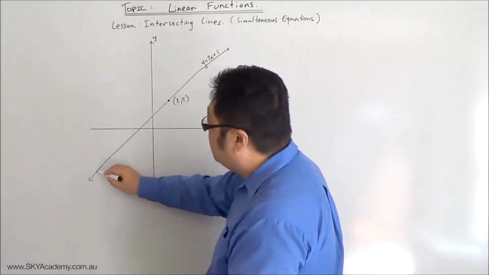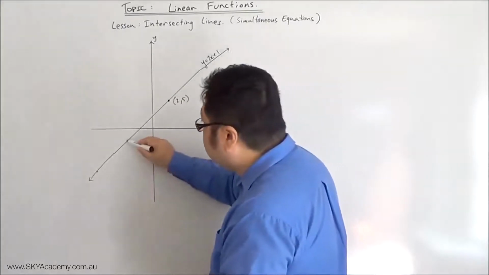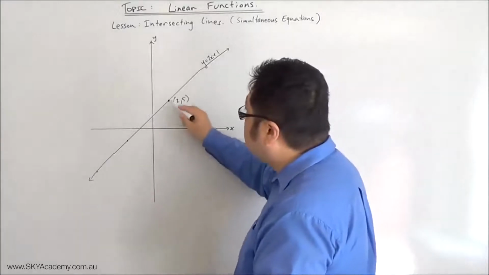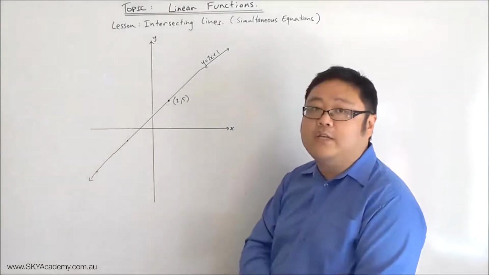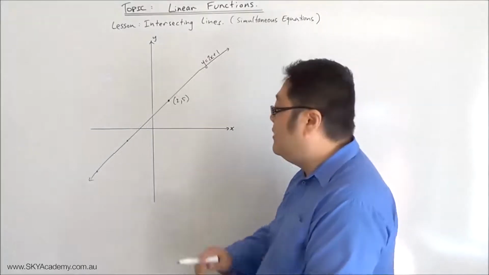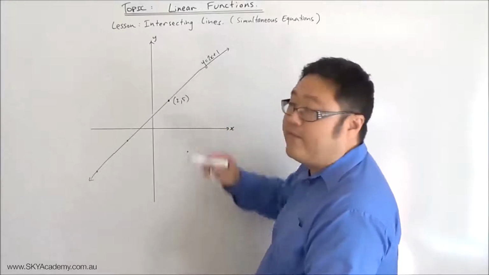Will this point satisfy that equation? Yes, it will. Will this point satisfy this equation? Yes, it will. In fact, all the points along this line will satisfy the equation so long as it sits on the line. Another point, a point over here. Will this point satisfy this equation?